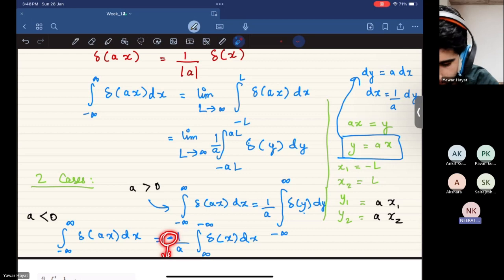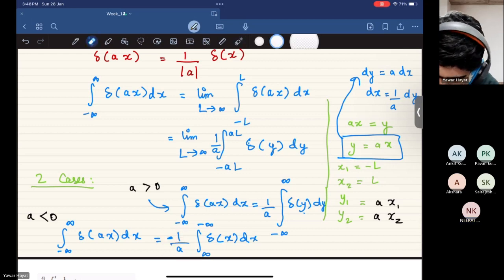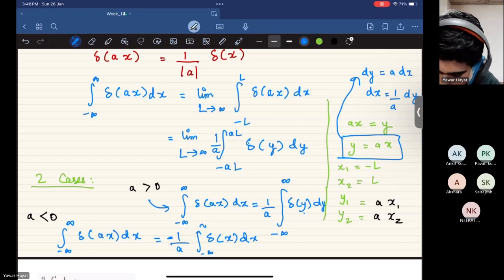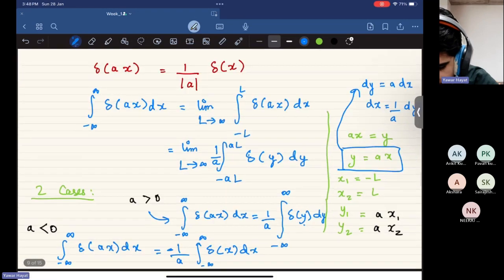Now you have taken that minus sign out, then the upper limit should be plus infinity and lower will be minus infinity. Correct. Minus infinity to infinity delta of x dx, right? So does this prove that delta of ax is 1 by modulus of a delta x?